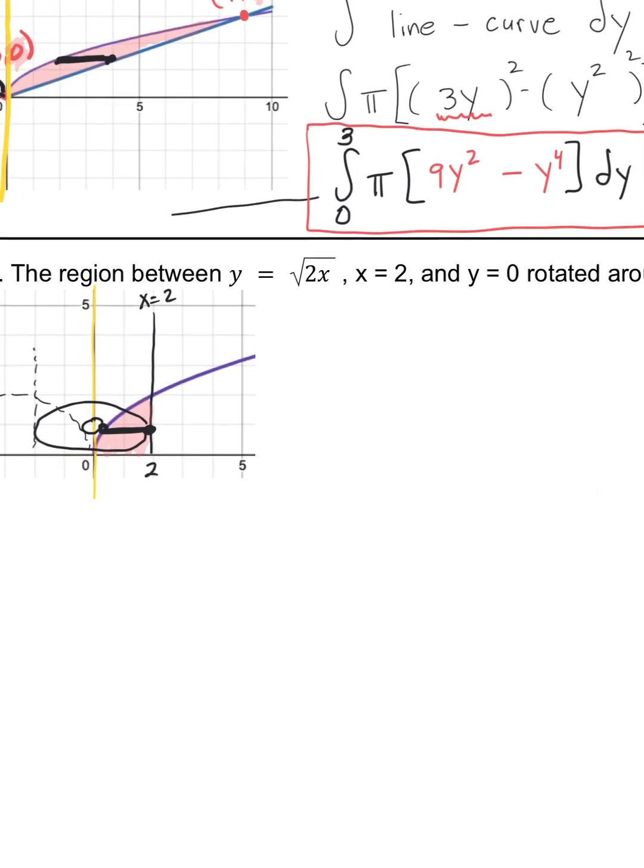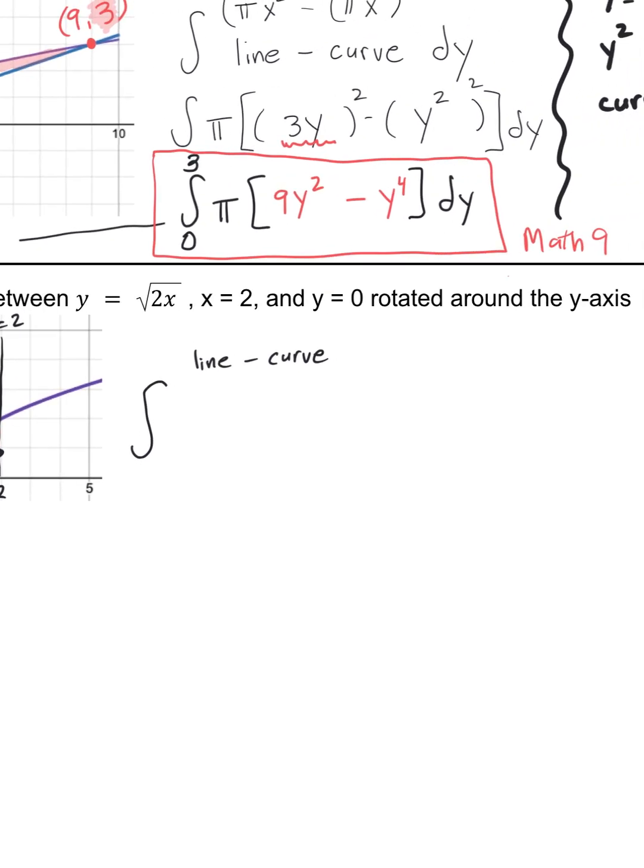Okay, so let's set up our definite integral. Again, we are doing the line minus the curve. Remember, when we rotate about the y-axis, we have to solve our equations for x. So let's take y is equal to the square root of 2x.